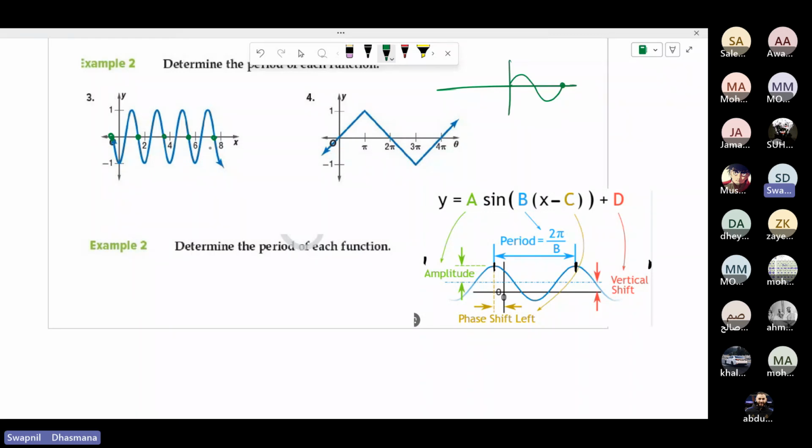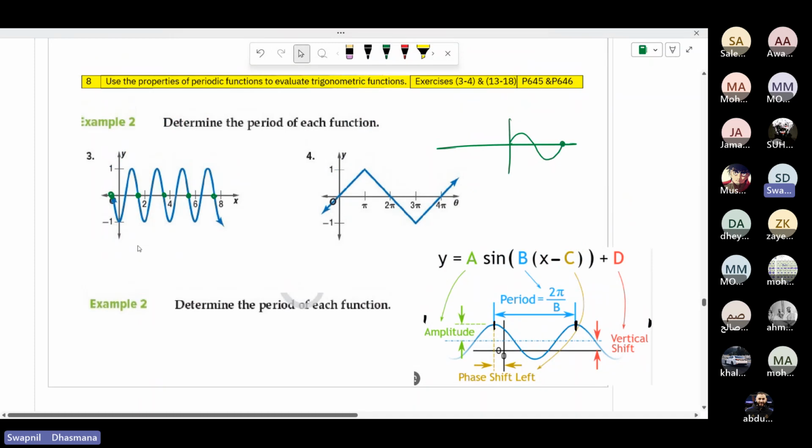So if you have to find the period of this graph, let's say you start from, I don't know, this one is not clear, but let's see. This is half of 2, that is 1. This is half of that, that is 1.5. Then 2, this is 3, and this is 3.5. And what is the period?